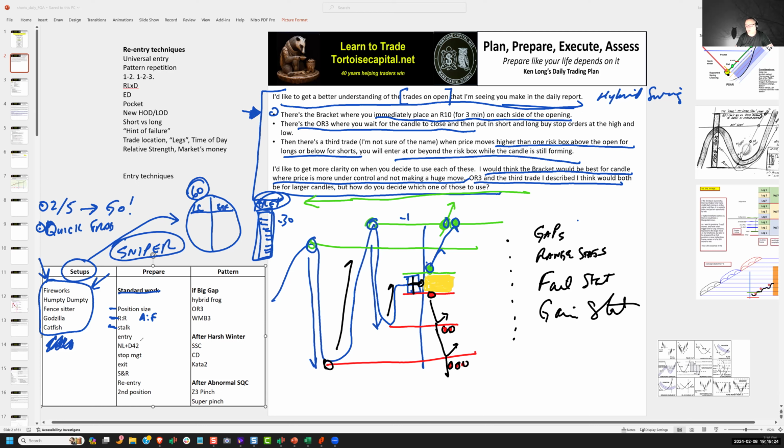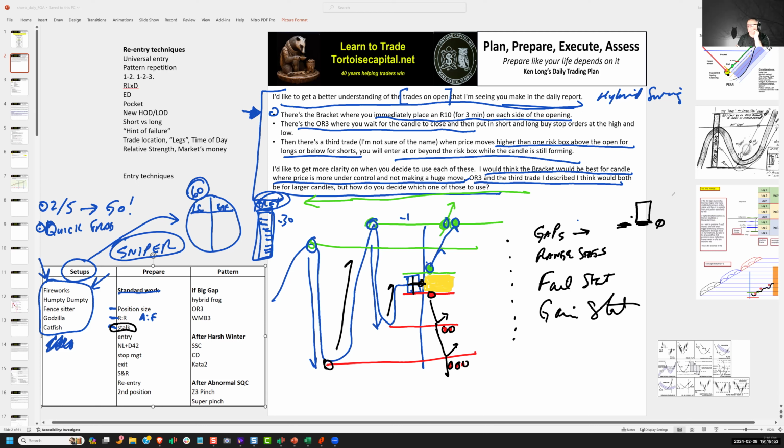These are things that I can do the night before inside my planning process, because I know if the close was here, I know how big the gap has to be before it becomes a normal gap. So if that was the close, and if there's no gap, then I know that's a positive gap of 0.